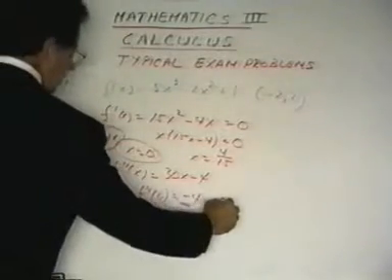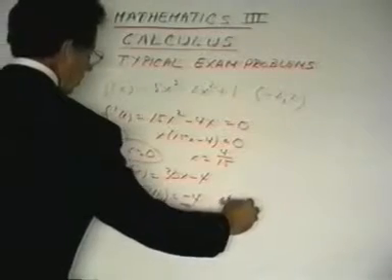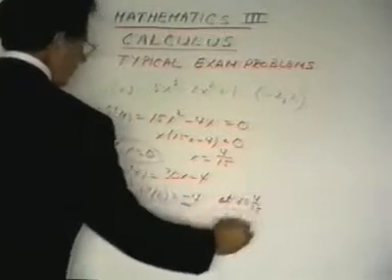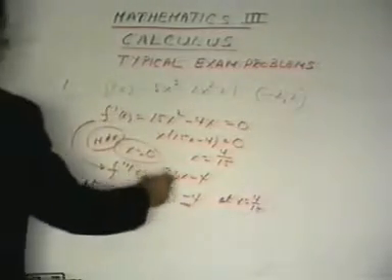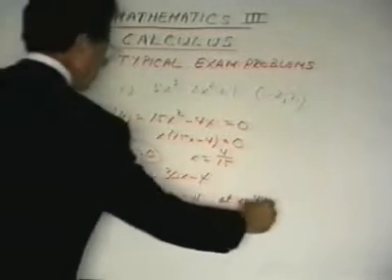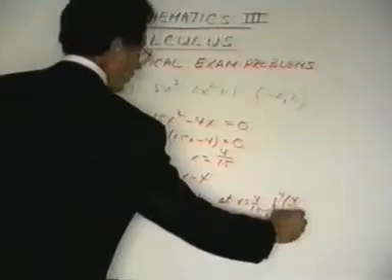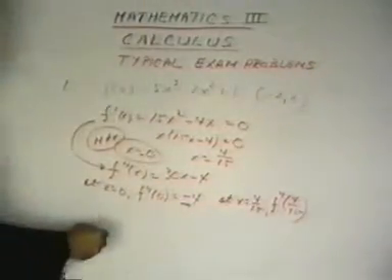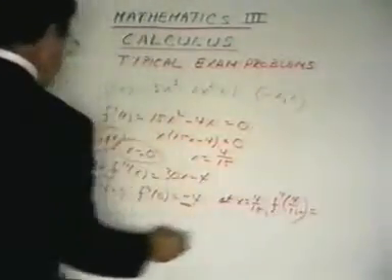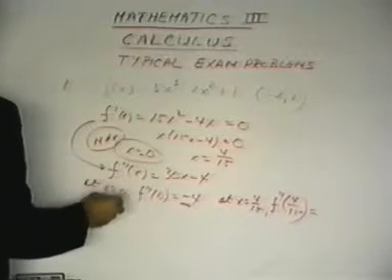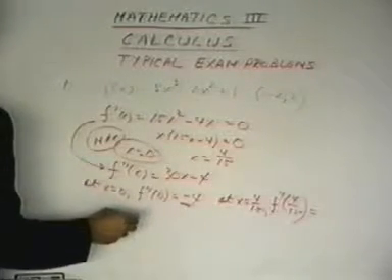Now let's check out the other point. At x equal to 4 over 15, what happens to 30x minus 4? Well, f double prime at 4 over 15 is equal to 30 times x. That would be 30 times 4 over 15.